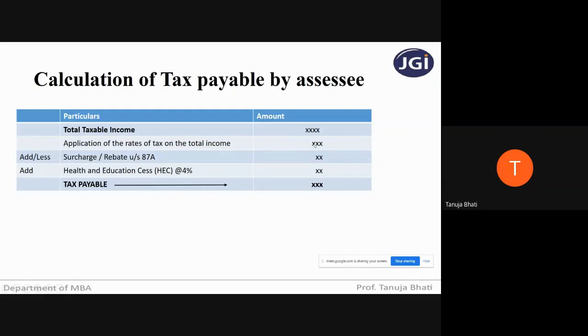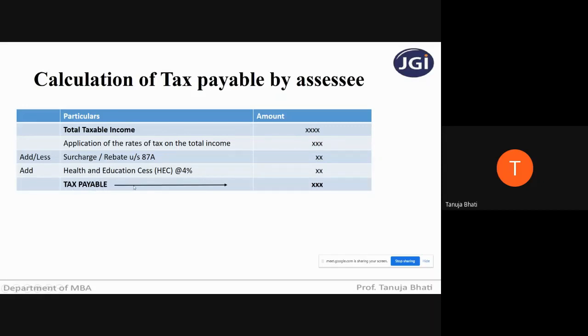Then from this tax to be paid, when we add surcharge, on that we again add health and education cess at the rate of 4%. Or if it is a rebate, then on this total tax to be payable minus rebate, on the balance we charge health and education cess at the rate of 4%. Then we get tax payable.